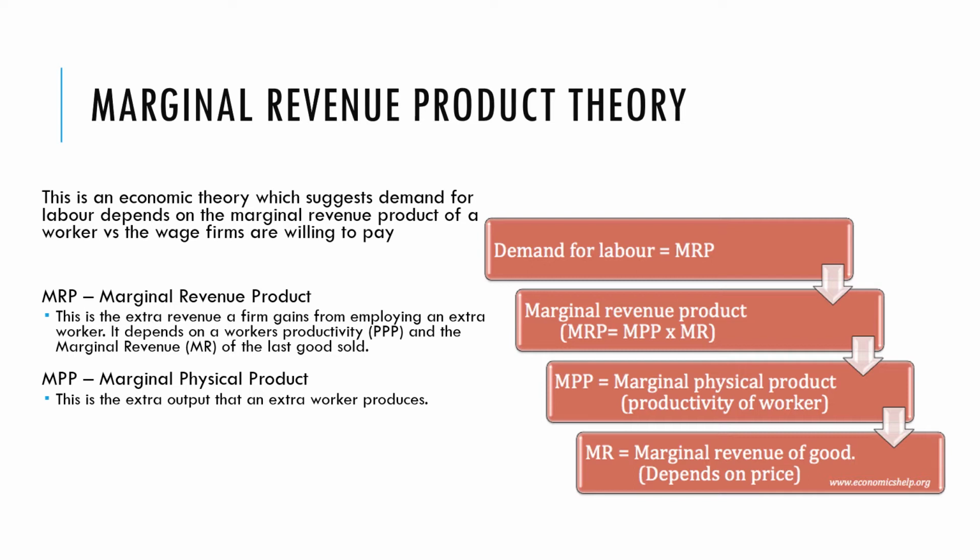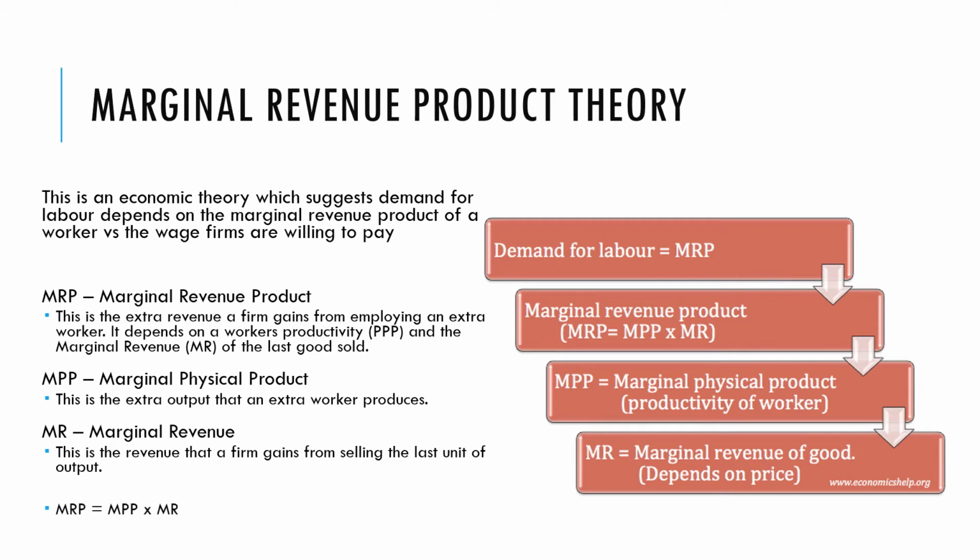How many extra units does an extra worker produce? And then we can multiply that by the marginal revenue, the extra revenue that producing that extra unit generates. So the marginal revenue product equals the marginal physical product multiplied by the marginal revenue, i.e. quantity times the value.